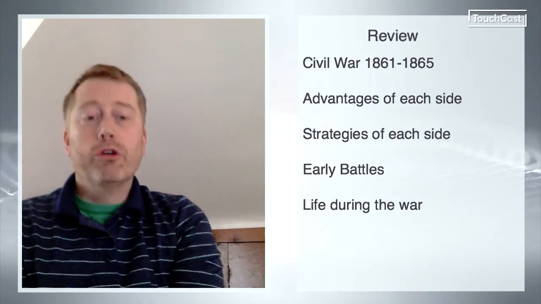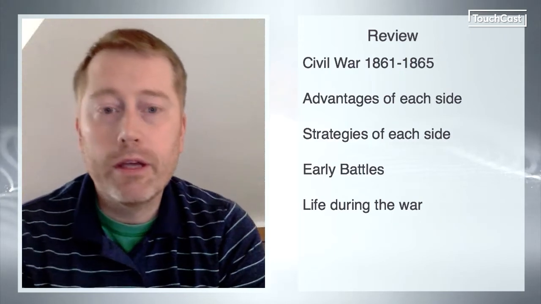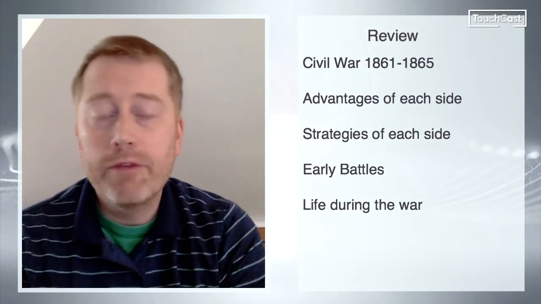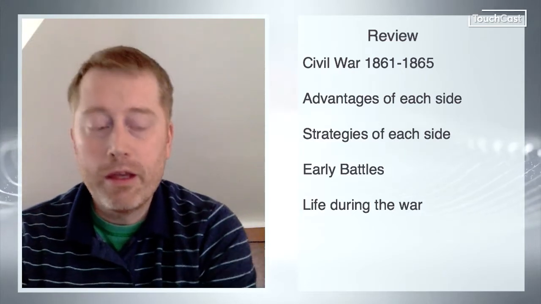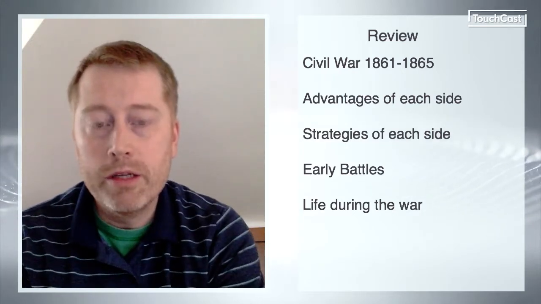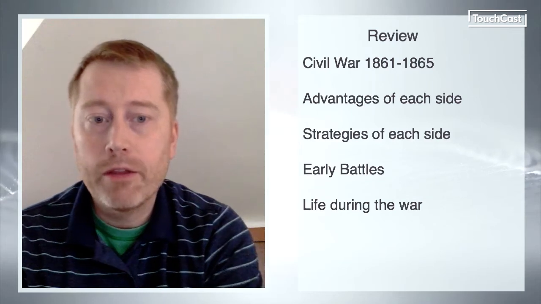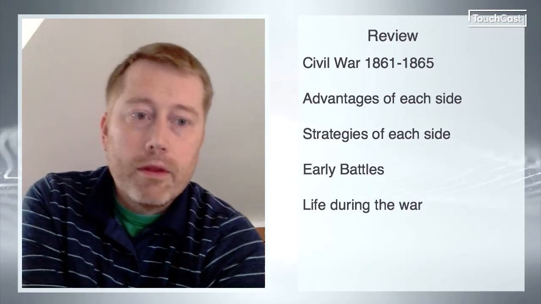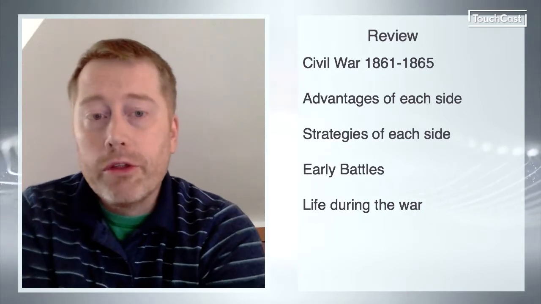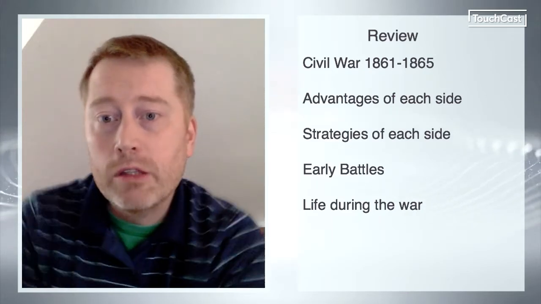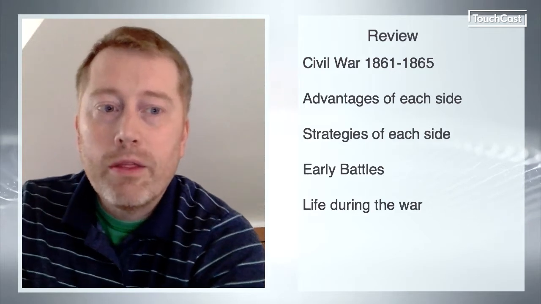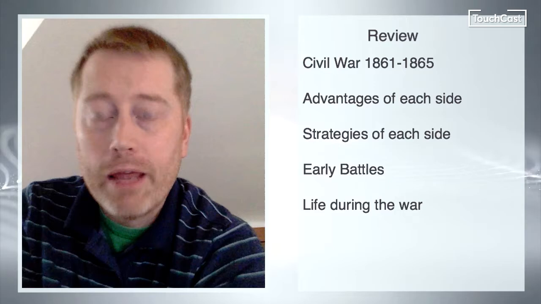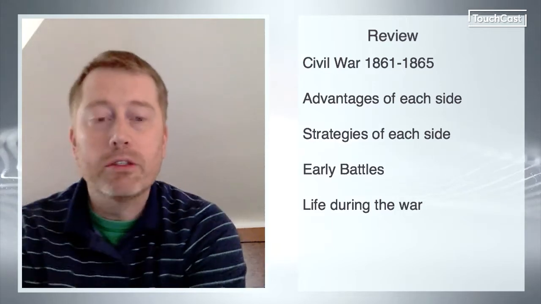We talked about some of those early battles, right? The early fights, skirmishes, which mostly were won by the Confederate States of America. They got the early jump on the North and the Union. And that's not completely true. You know, there was some wins in the North, but they were mostly like half wins. There was a lot of death that was taking place in some of these early battles.